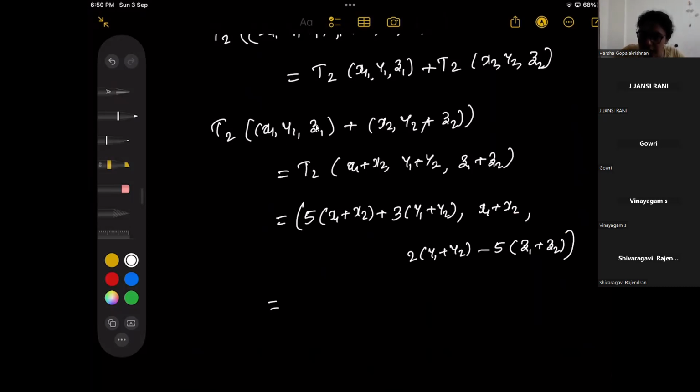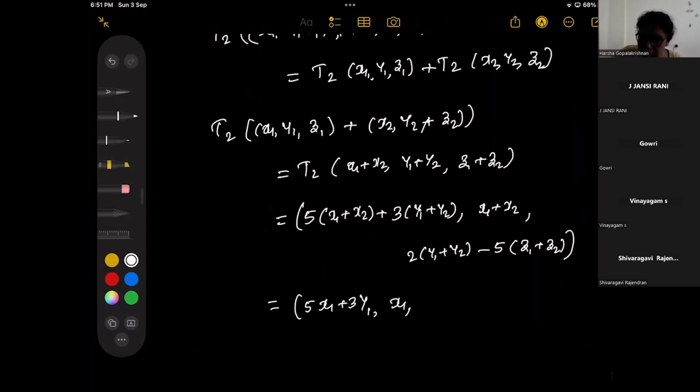So T of x1, y1, z1 will be 5x1 plus 3y1, x1, 2y1 minus 5z1 by definition. So we can separate it as 5x1 plus 3y1. I'm taking 5x1 plus 3y1 from the first term.